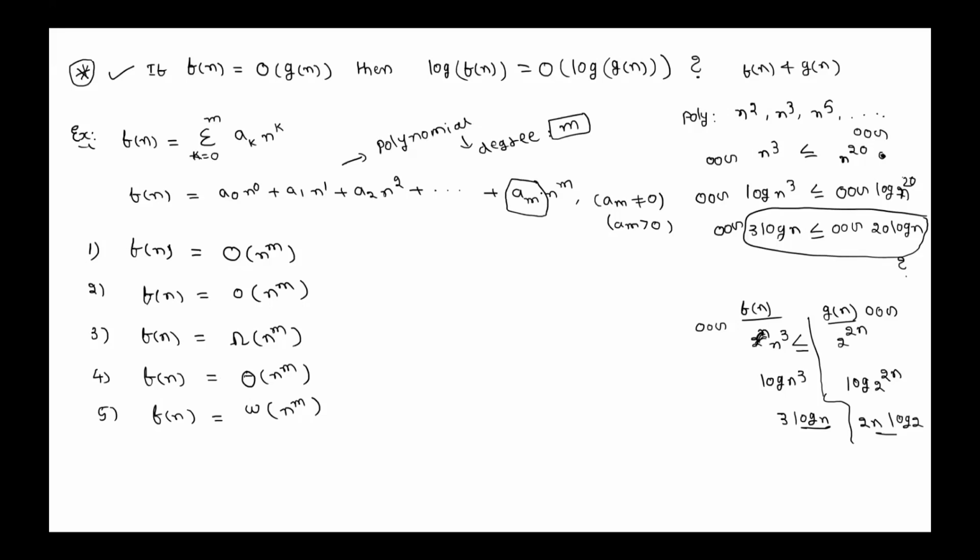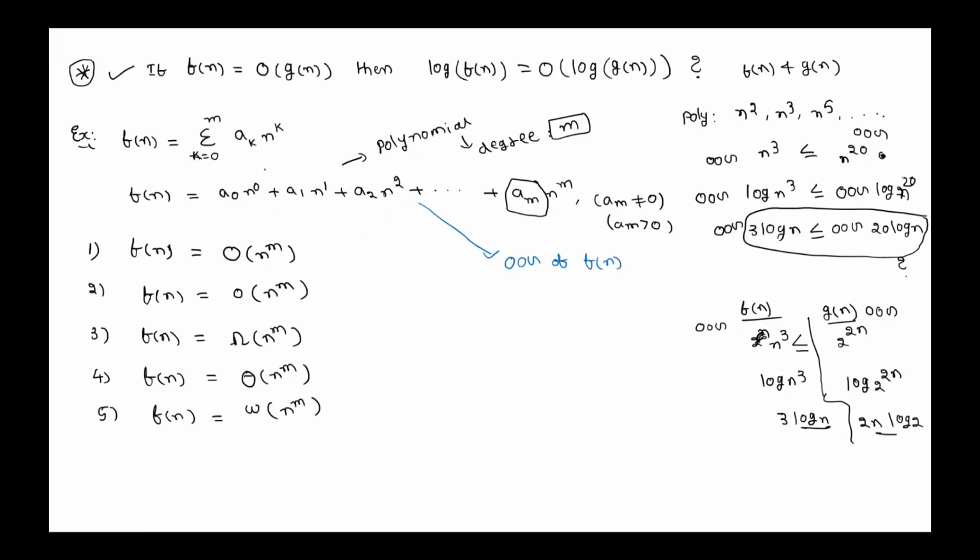Based on this, can we say that f(n) is big O of n power m? Yes, it is true. For that, first we need to know the order of growth of this f(n). What is the order of growth? n to the power m.